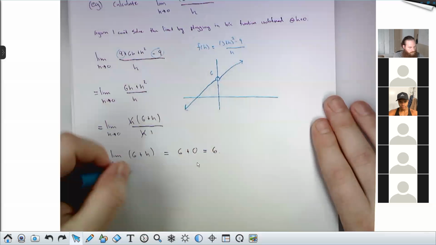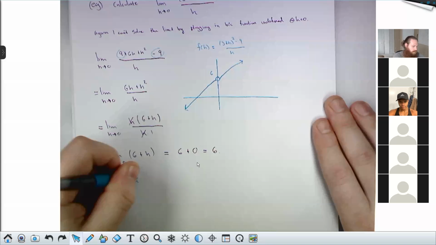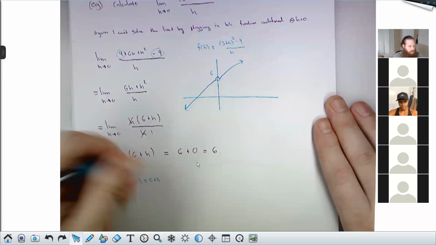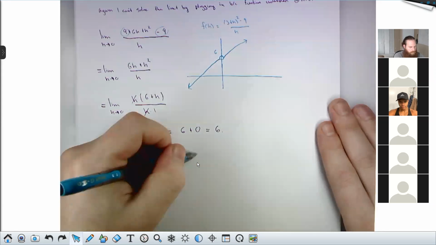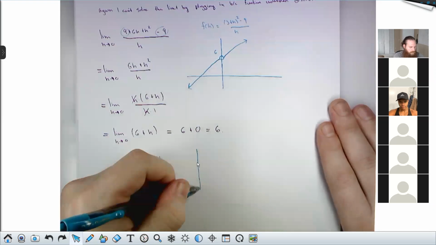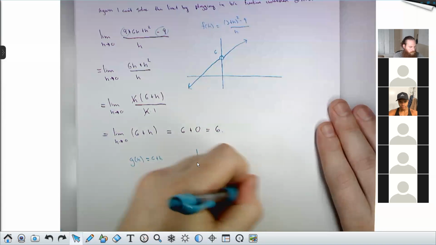My related function, g of h, is just 6 plus h, and its graph is the same, it just doesn't have the hole.